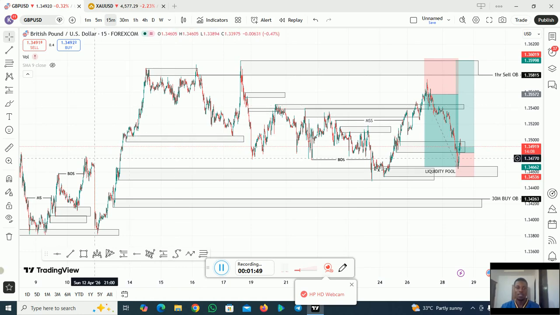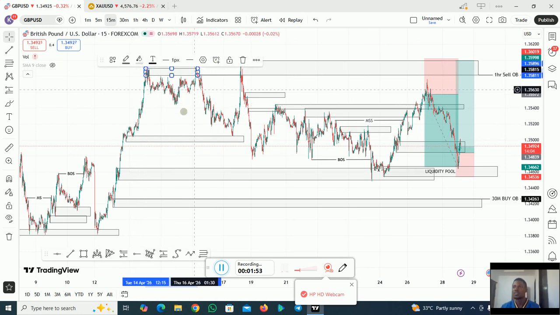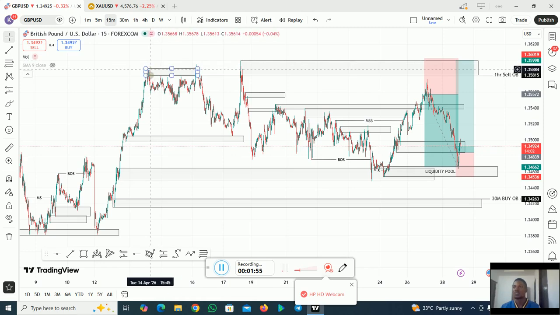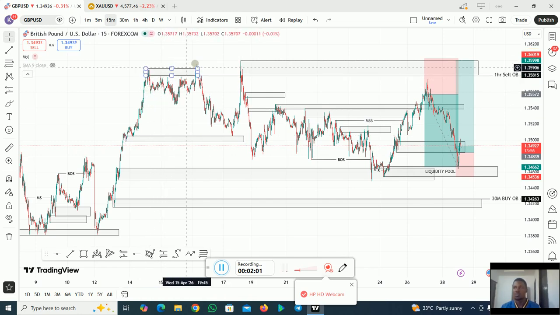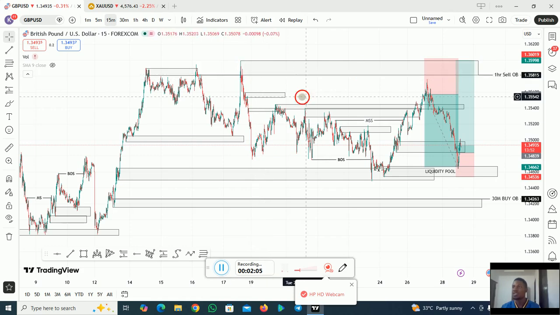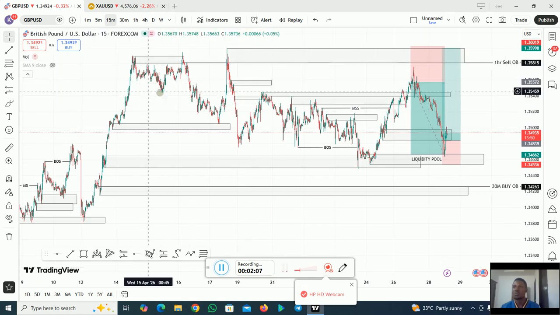After the market caused the break of structure here to the upside, this was the last structural high here. The market took out this last structural high with just a wick. So the market went on to cause something like a market shift.